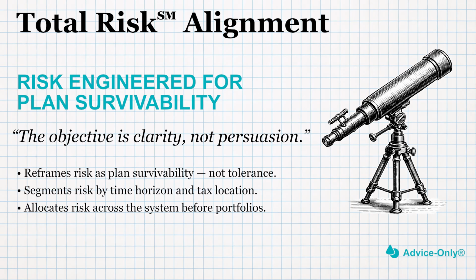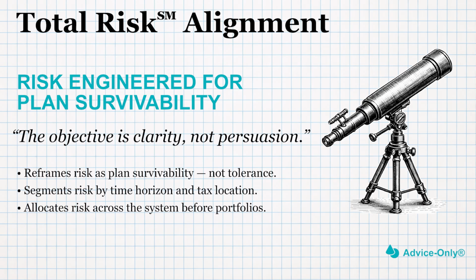Instead of assigning a single risk score to the entire household, the methodology treats a client's finances as a mosaic of time-segmented and tax-segmented capital. Money needed in 3 years does not share the same risk profile as money needed in 20.